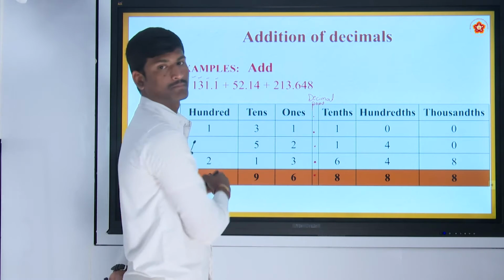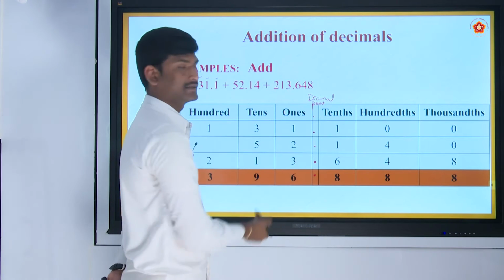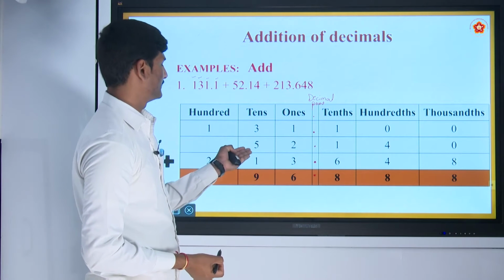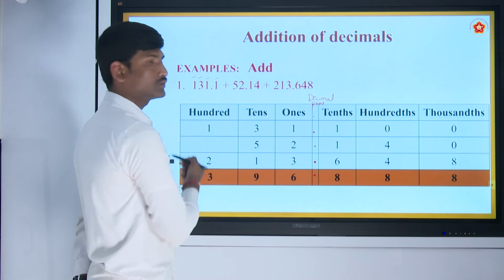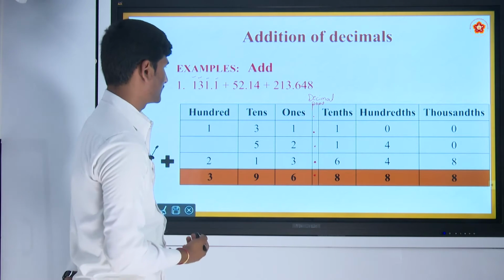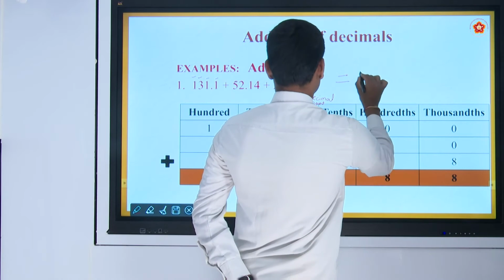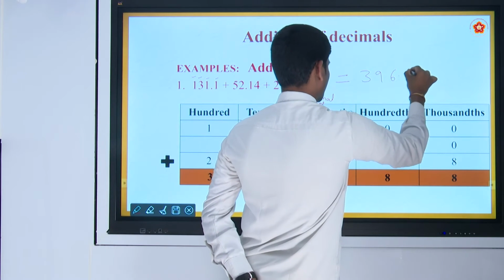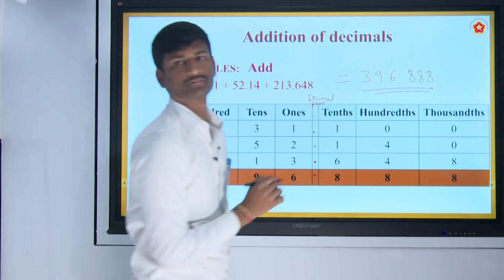Then in the whole number part, 1 plus 2, 3, 3 plus 3, 6, and tens, 3 plus 5, 8, 8 plus 1, 9. Here 1 plus 2, 3. The answer is 396.888. Understood?